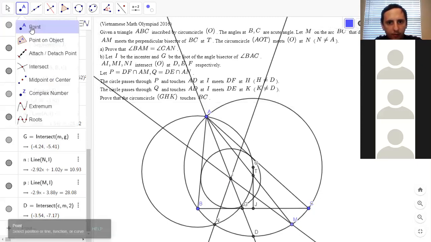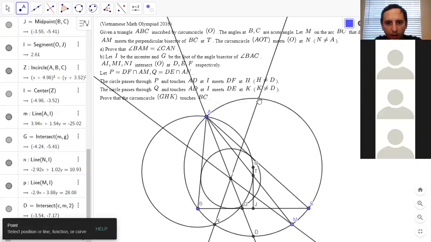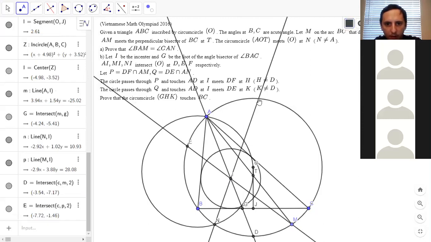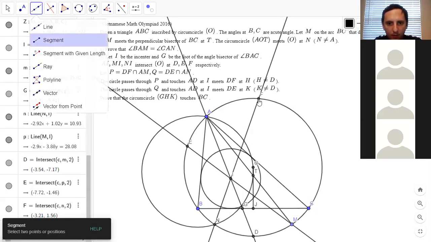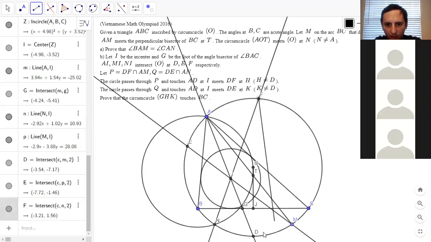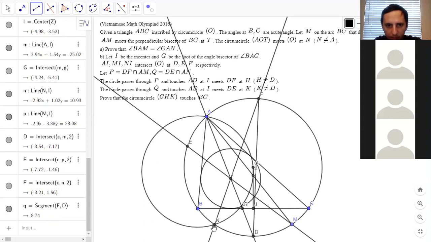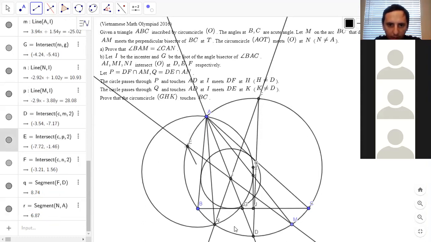So we have D, E, and F. And P is DF intersect AM. And then we draw DE intersect AN. I wonder if A is the, no, I don't think A is the midpoint of EF.